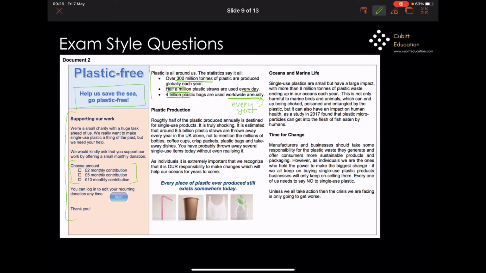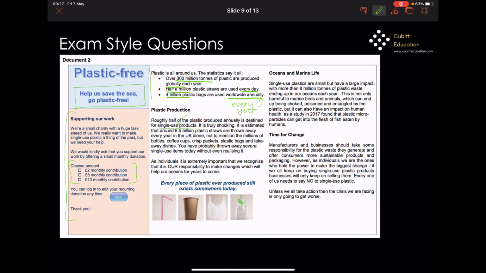Plastic production. Roughly half of the plastic produced annually is destined for single-use products. It is truly shocking. When they say single-use products, they mean when you go to the shop and you buy a plastic bowl of salad or those meal deals in little plastic containers.